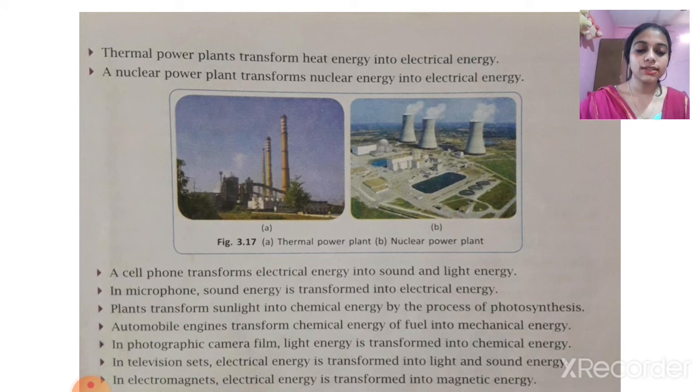In television sets, electrical energy is transformed into light and sound energy. In electromagnets, electrical energy is transformed into magnetic energy. So in all these different appliances and situations, we can see different energy transformations. Energy can neither be created nor be destroyed, but can be transformed from one form to another form.